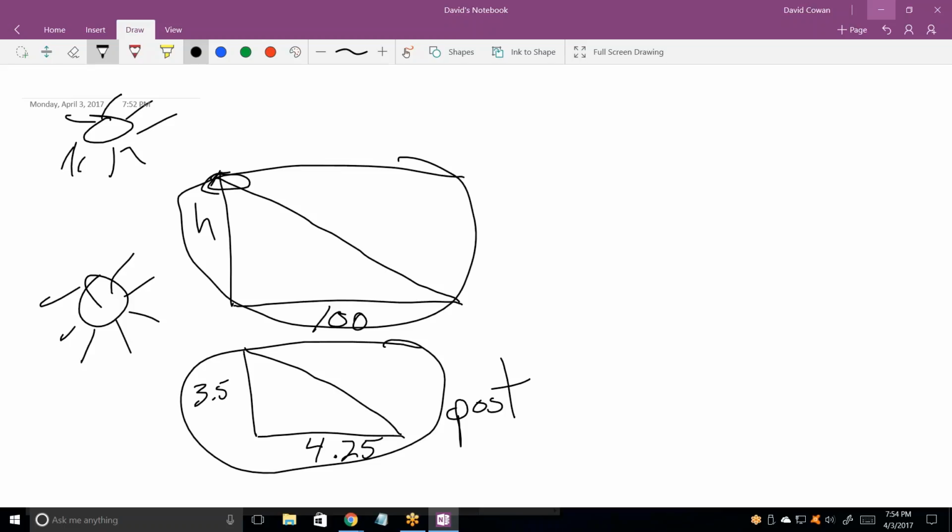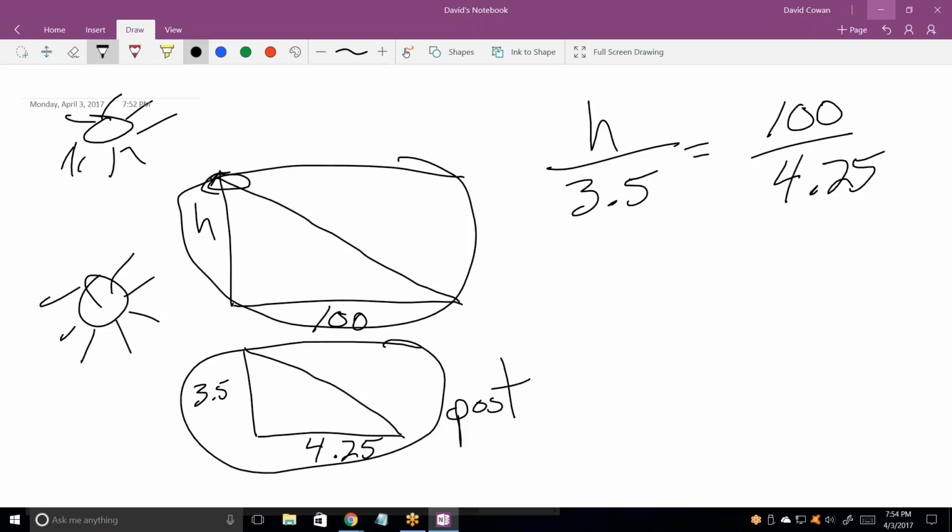What ratio has to be true? h divided by what? Divided by 3.5. Okay, I'll go with that one. Equals what? 100 divided by 4.25.